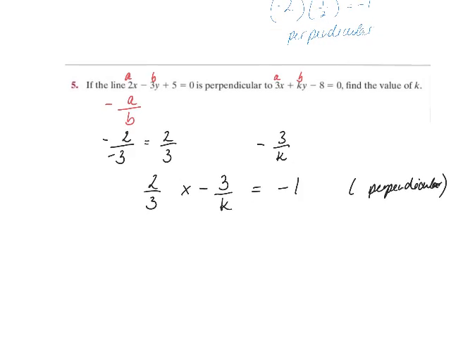So I can see straight away, we have a 3 here, and we have a 3 here, and we have a minus already, and then we have a 2 here, so that shows me that k has to be 2. Because 2 over 3 times minus 3 over 2 gives me minus 1.